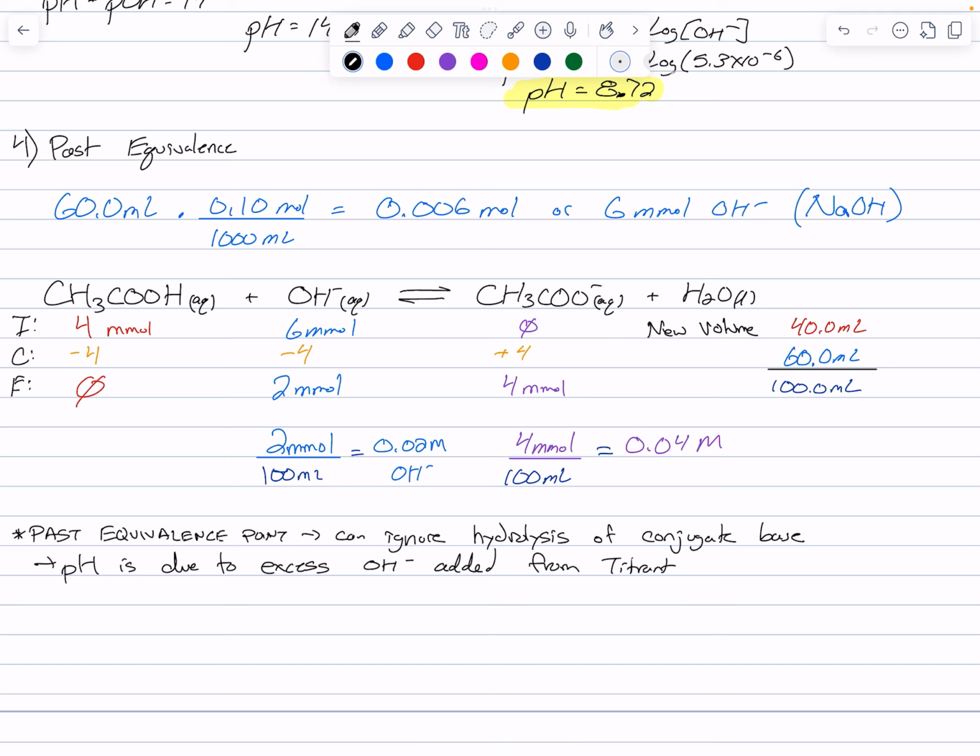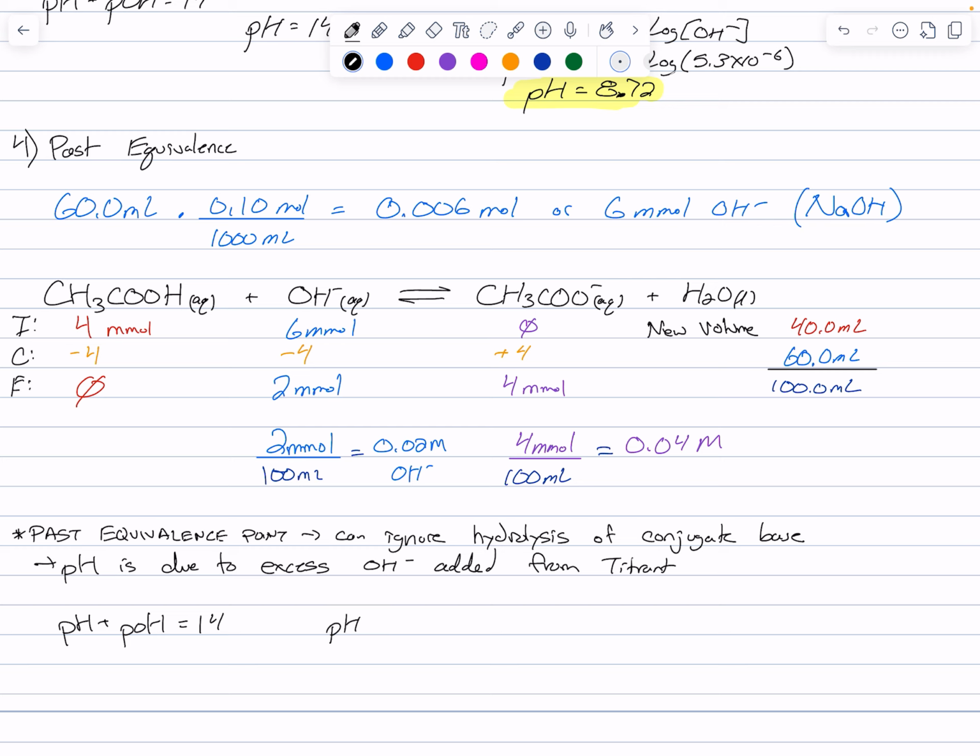Now, obviously, if you're a drop past the equivalence point, yes, you probably will have to do it. At this point, I have not calculated that or made a student calculate that, so I will not make you do that. All right. So that means the pH plus the pOH is 14.